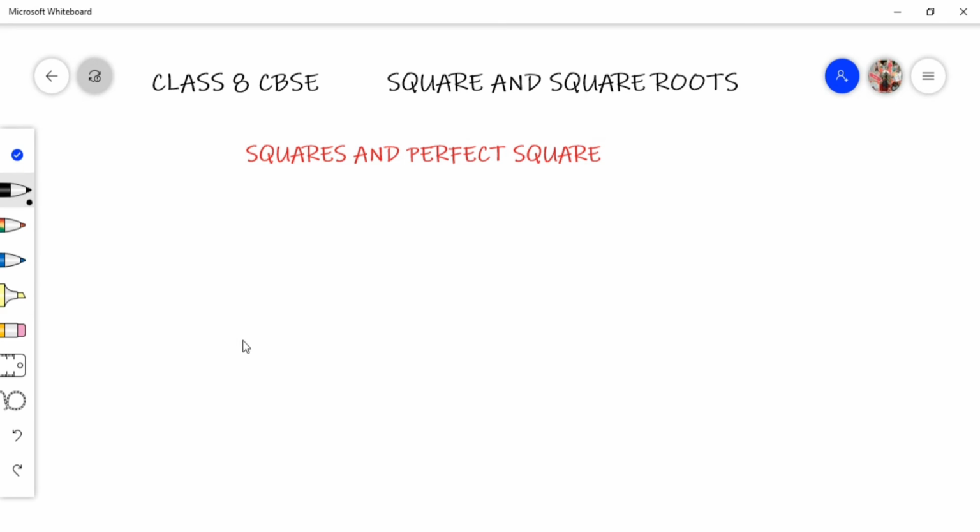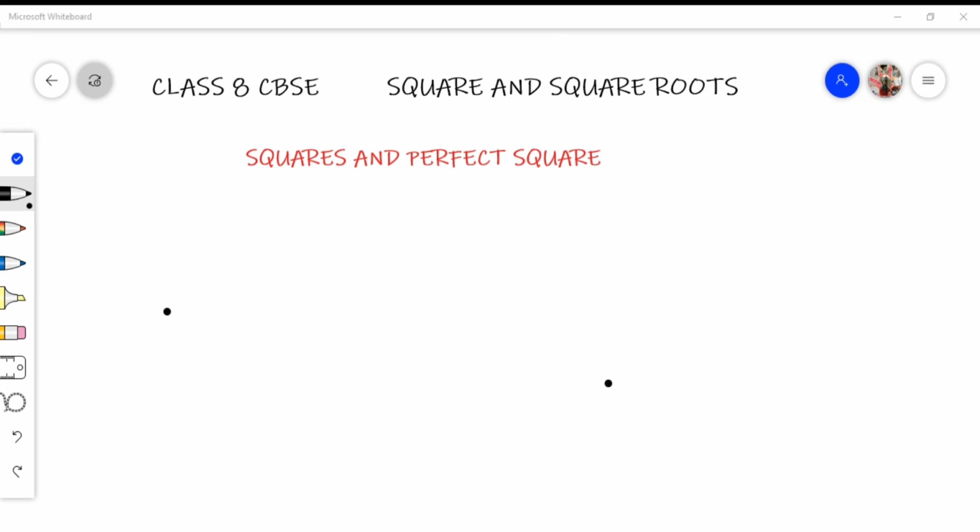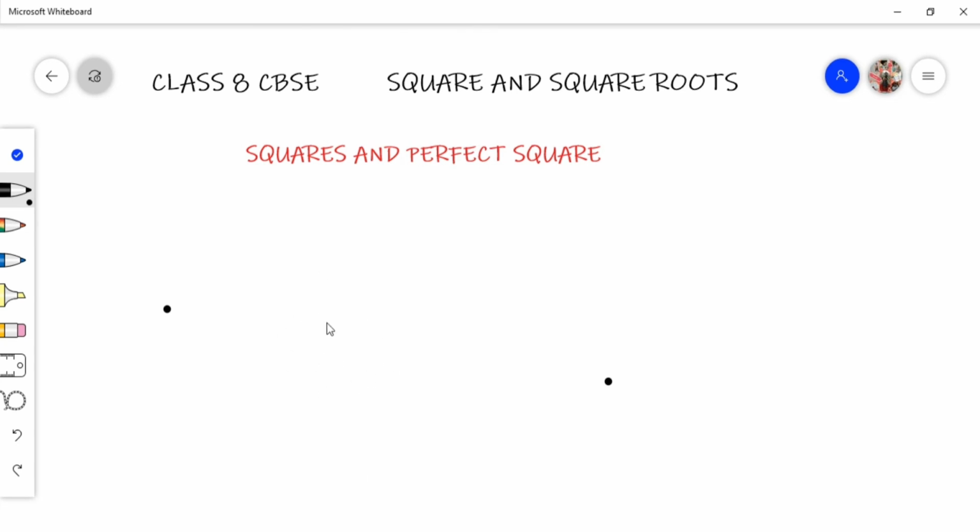So the seventh property is the sum of the first n odd numbers is equal to n squared. For example, take n is equal to 2.